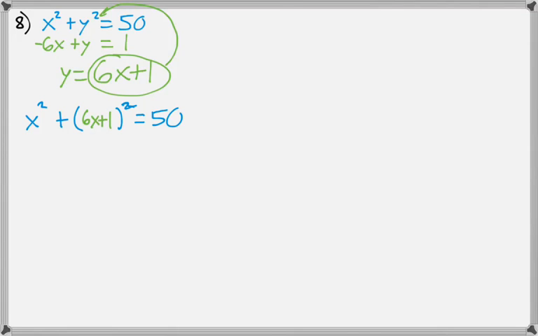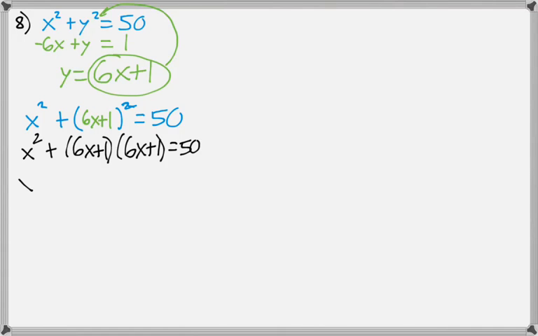So when I do that, I'm going to have to FOIL here because it's a binomial squared. So this is x squared plus 6x plus 1 times 6x plus 1.